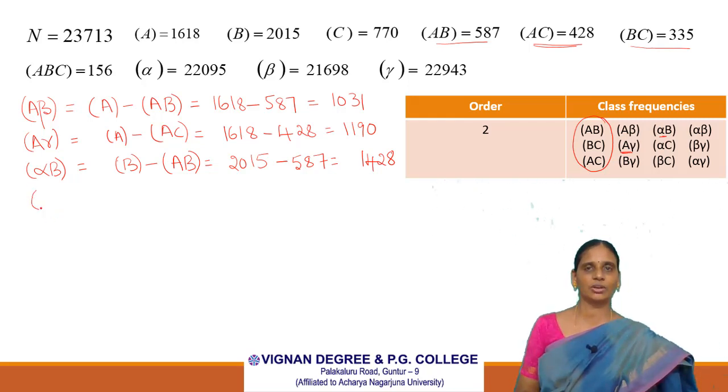And next, the second order class frequency is frequency of αC. This is equal to frequency of C minus frequency of AC.